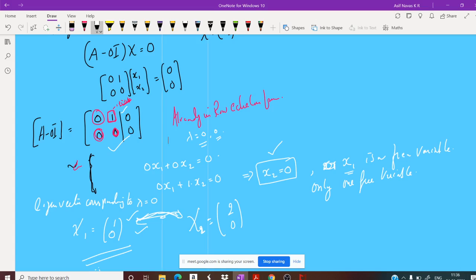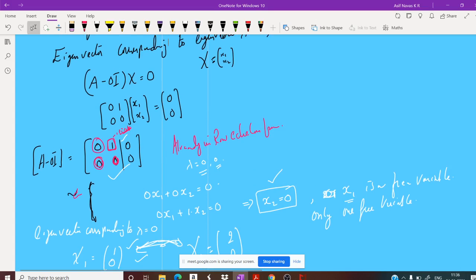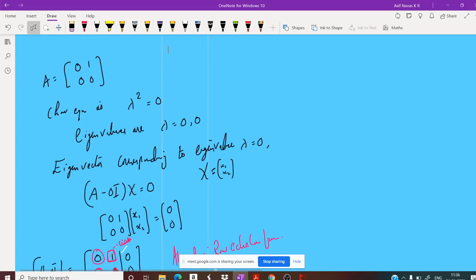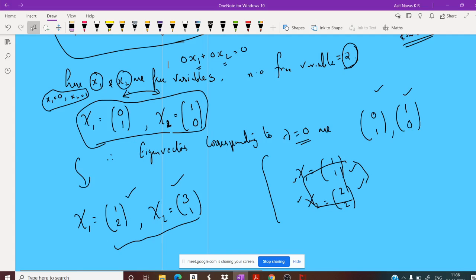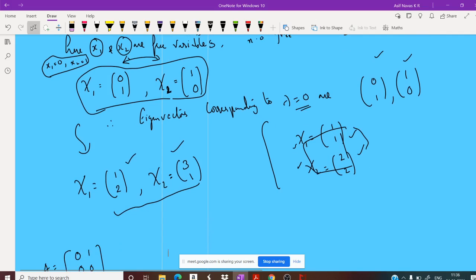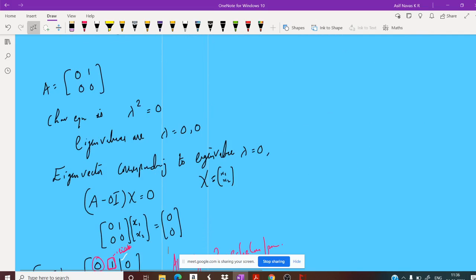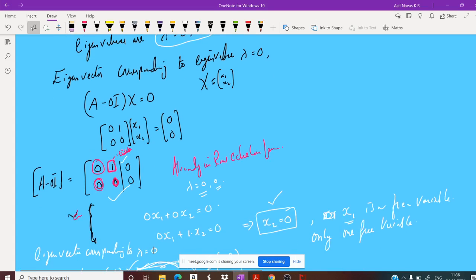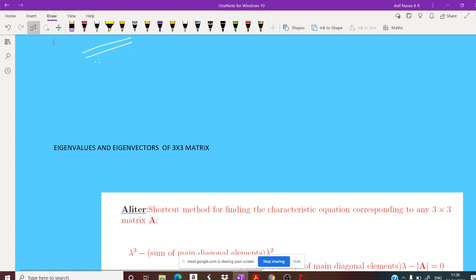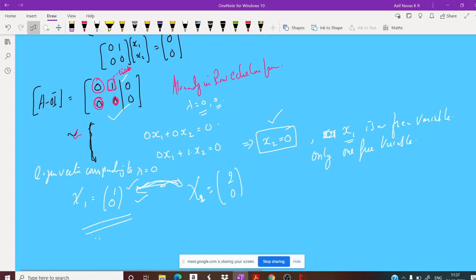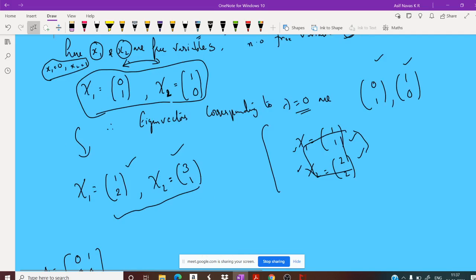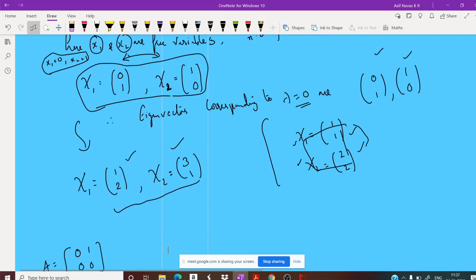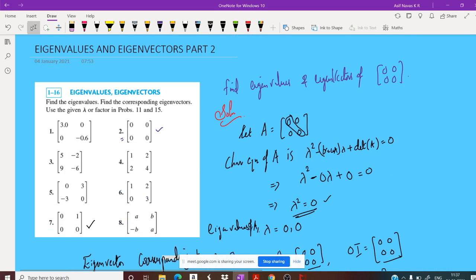In the first example, there are two eigenvalues 0, 0, and we get two eigenvectors, right? But for the second example, there are two eigenvalues 0, 0, but we get only one free variable. Therefore there is only one linearly independent eigenvector. Have you got it? Is it clear? So it's not necessary that we must have two linearly independent eigenvectors.